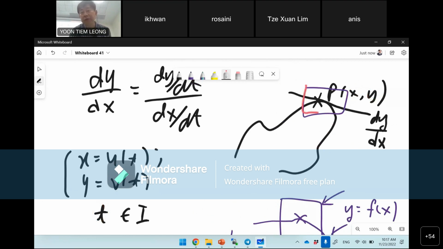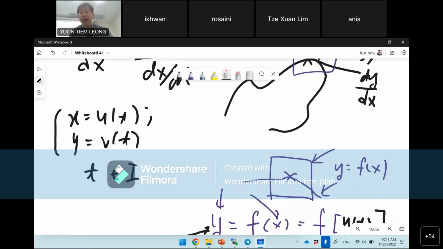So I zoom into this particular area that contains the point P, and within this small box, if the box is chosen appropriately, then you can express this part of the curve within the box to be described by a function f, where f is a function that relates the coordinate y and coordinate x.